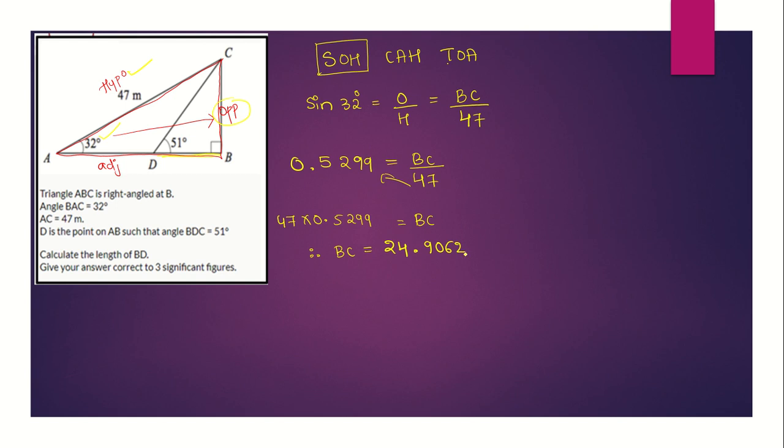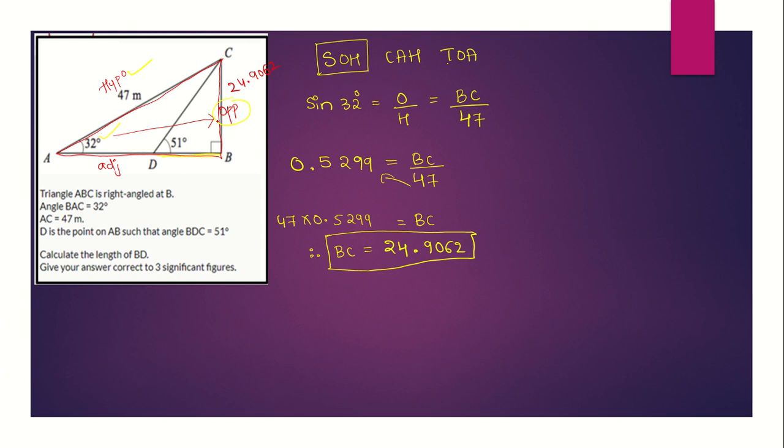I'll take only 4 numbers after the decimal point. Just try to round it to the last number. So BC value is 24.9062. So we'll take this value and write the value here. BC value, we got it as 24.9062.